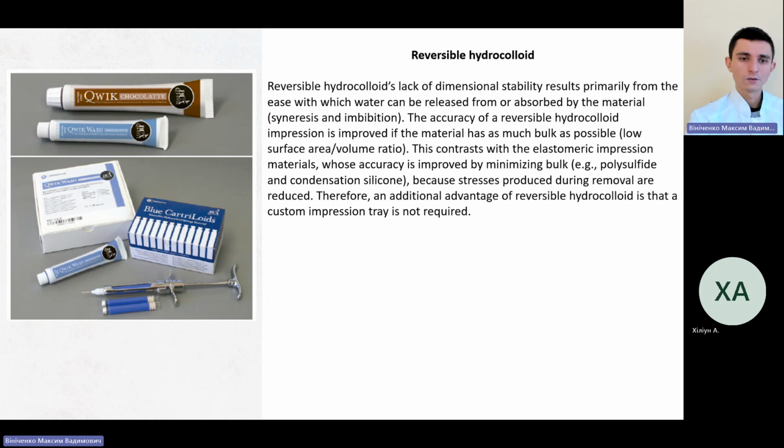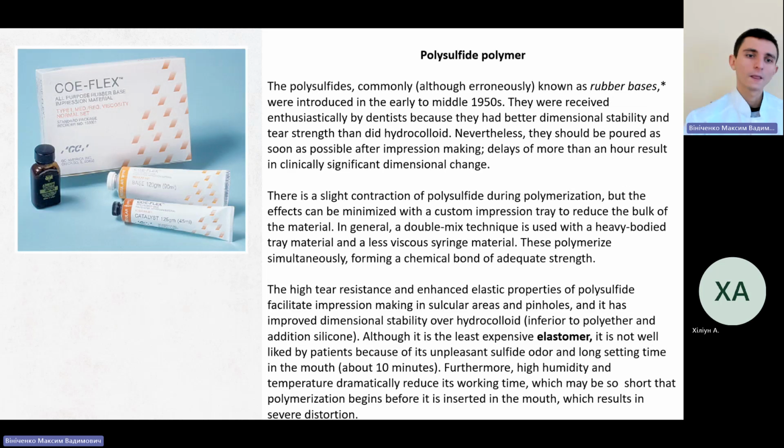This contrasts with the elastomeric impression materials, polysulfide and condensation silicone, whose accuracy is improved by minimizing bulk, because stresses produced during removal are reduced. Therefore, an additional advantage of reversible hydrocolloid is that a custom impression tray is not required.